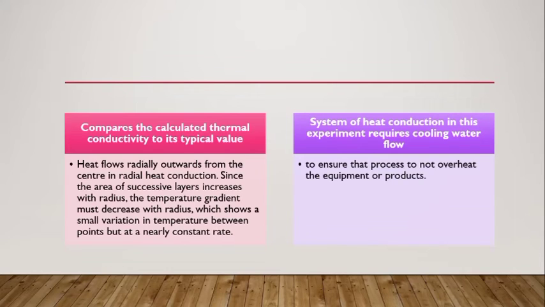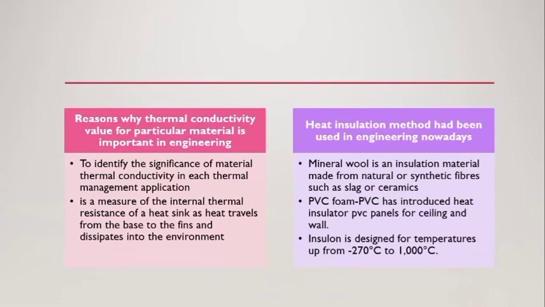Next, the system of heat conduction in this experiment requires cooling water flow. Cooling can be crucial in industrial applications to ensure that processes do not overheat the equipment or product, because water has a high boiling point and specific heat. It is used as a medium to absorb heat in many cooling applications.